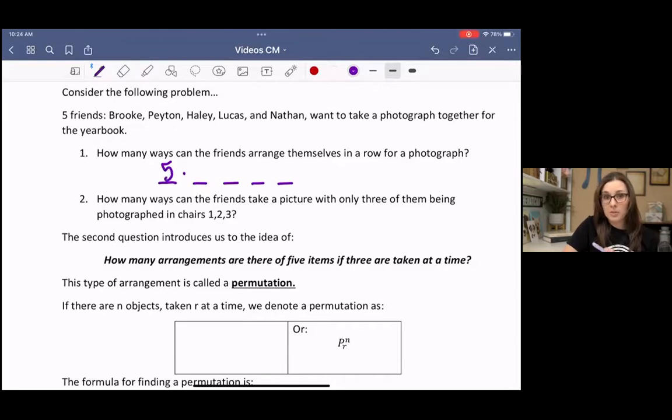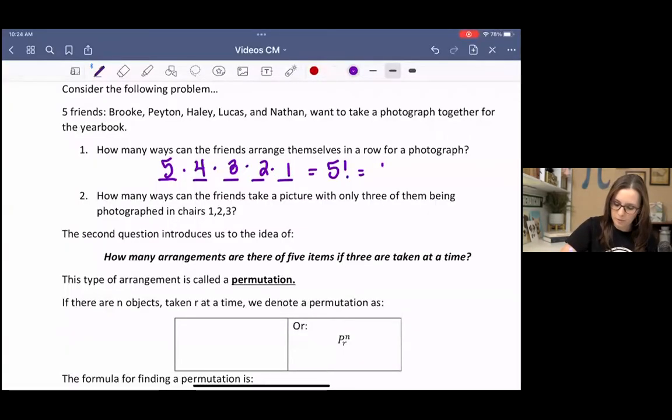Now, if one classmate stays there, then for my next position, we have 4 options, 3, 2, 1, or we could write this as 5 factorial. And that is going to come out to 120. So there's 120 ways that these classmates can arrange themselves for the photograph.